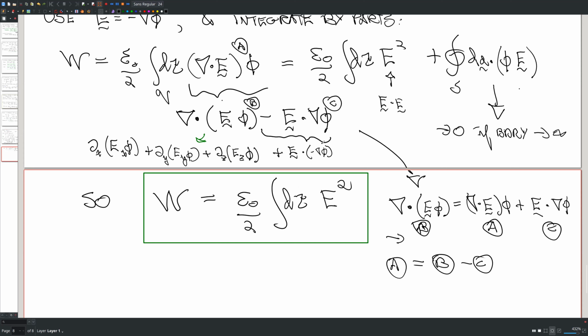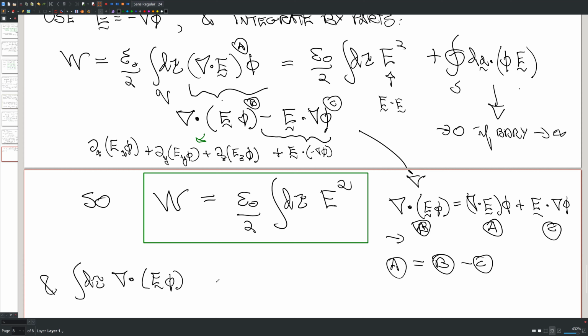Yeah. So then how can A be equal to C? Essentially I have the integral d tau of the divergence of E phi. It's good that you're asking because it has to be seen.